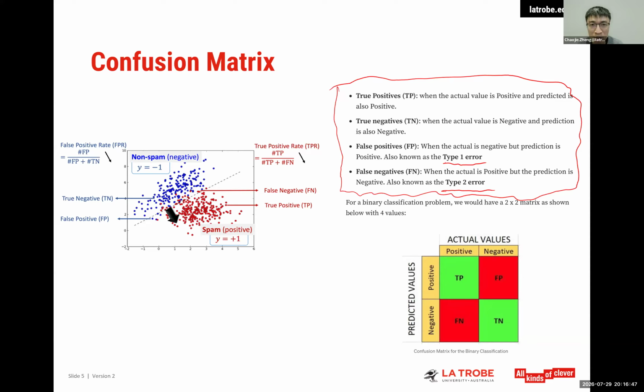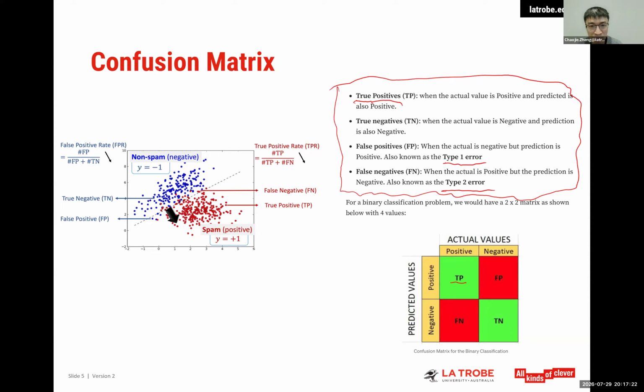So we just put the corresponding term, like true positives, into the corresponding cells. So let's say, for example, true positives, that means the prediction is positive, and the prediction is correct. So the true label should also be a positive sample. So the row should be positive and the column should also be positive. So this true positive number should be entered here.